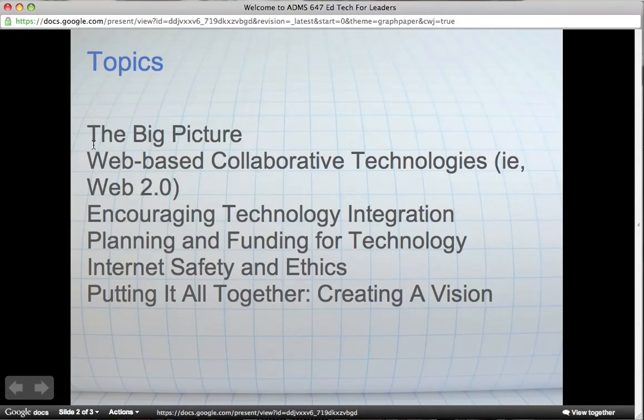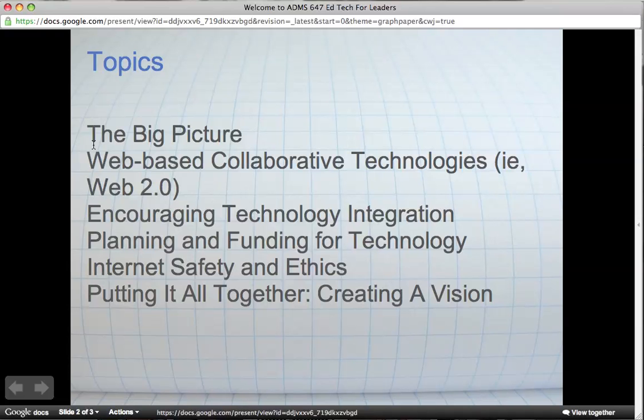But then you're also going to talk about how you might use them instructionally, and we'll be talking about how you encourage teachers and how you help train teachers to better use technology in their classrooms. It's all well and good, but if you don't have any money for it and you haven't planned ahead, you're probably going to run into some issues here. So we'll also be talking about planning and funding for technology.